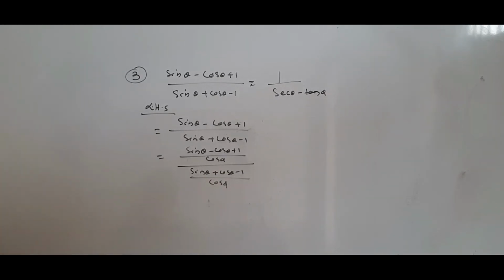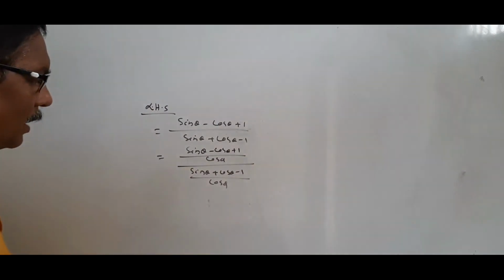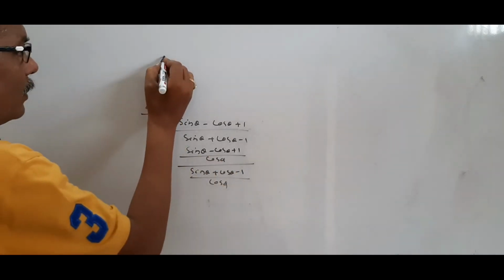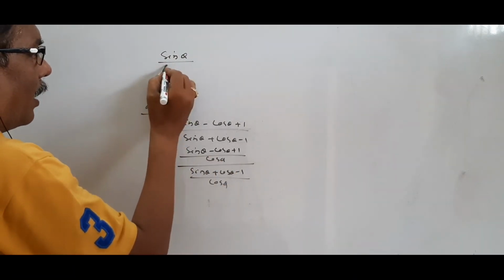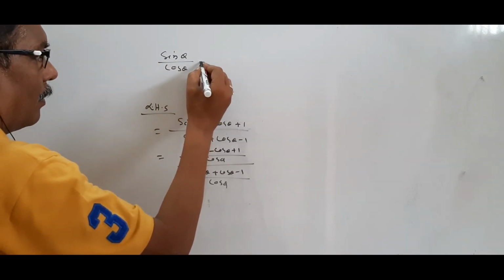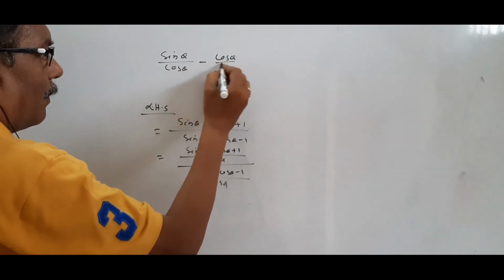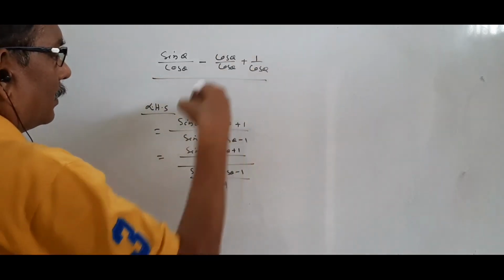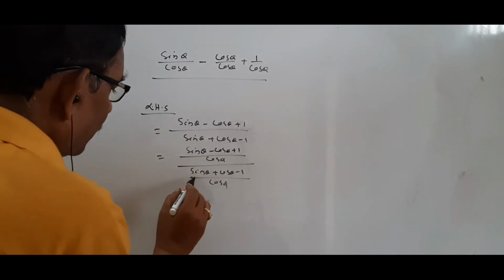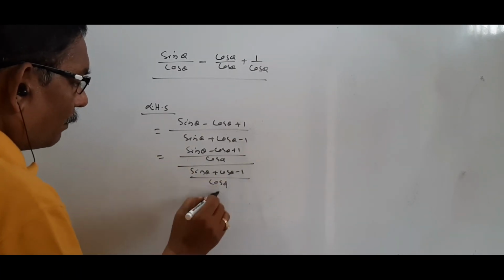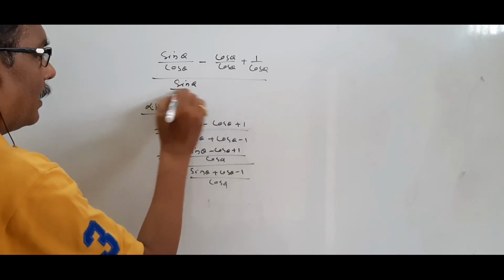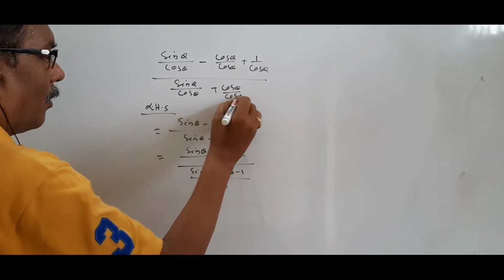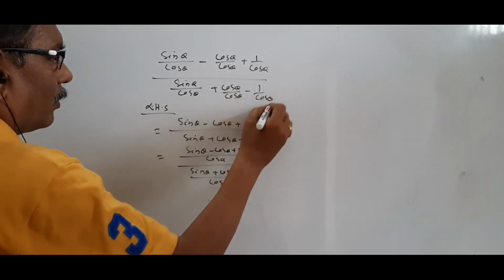After dividing this one, look here, it is sin by cos, cos by cos, 1 by cos. Write down in this way: sin theta by cos theta minus cos theta by cos theta plus 1 by cos theta. Now come to the denominator part: sin theta by cos theta plus cos theta by cos theta minus 1 by cos theta.